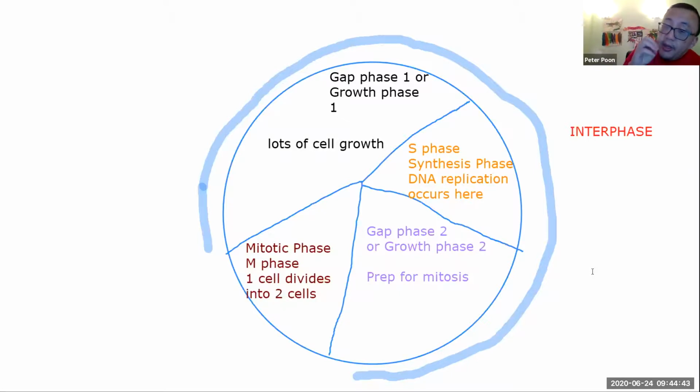So you literally need to make everything in growth phase 2, and then go through mitosis all in one big command. So all the prep for mitosis occurs here. All right. So that is the 4 stages of the cell cycle.